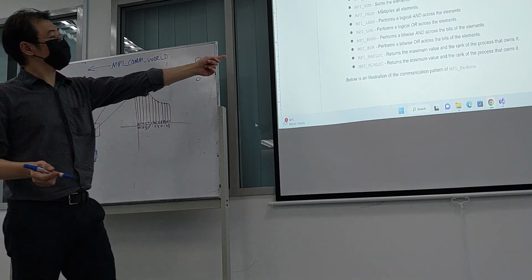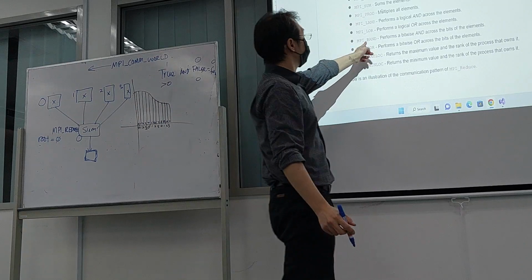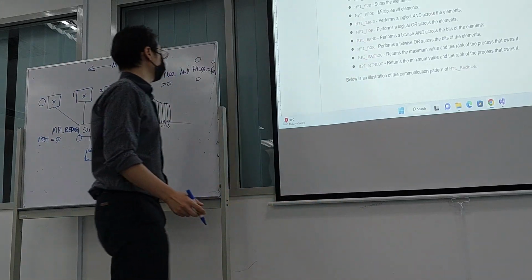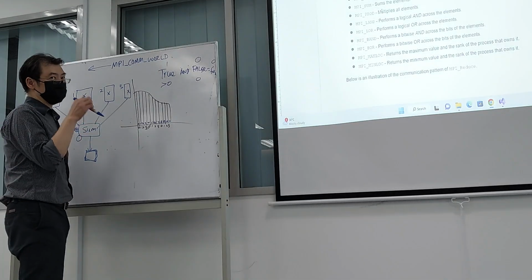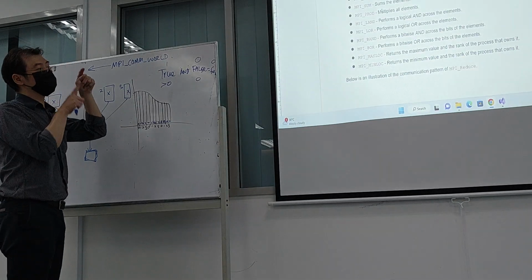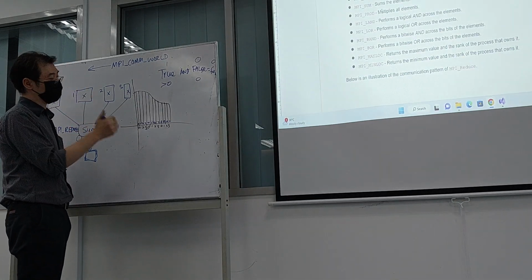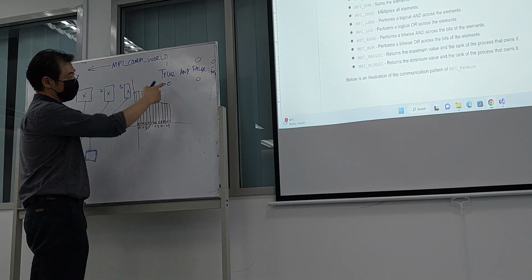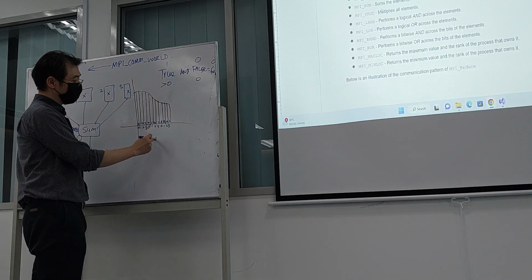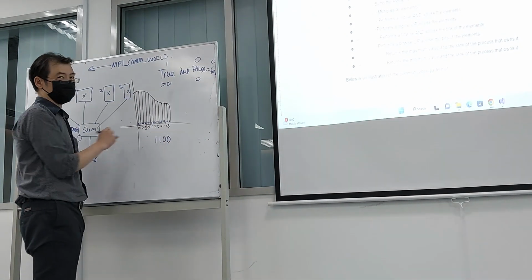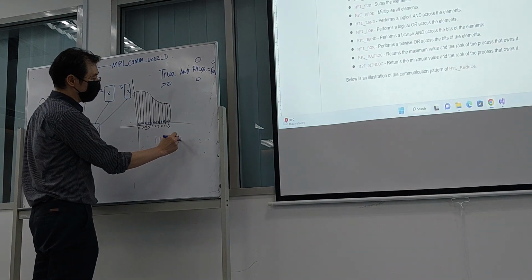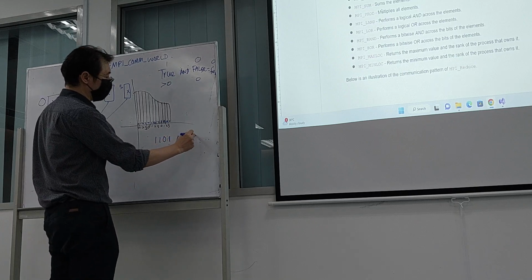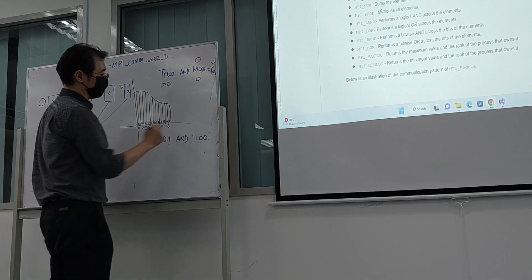How about band, which is bitwise AND? How does it compare with logical AND? Now, bitwise AND, as the name suggests, is actually doing bitwise ANDing of the result. Let's say, for example, you have the first value 1101, and then you bitwise AND it with 1100.